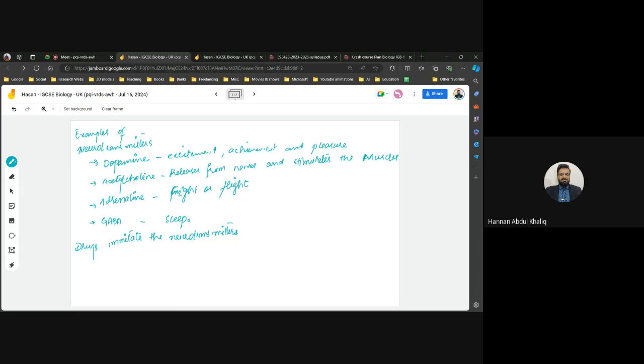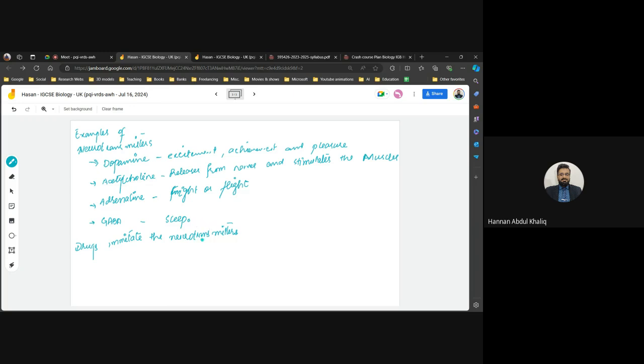So it means that drugs like opium, heroin, cannabis, the poppy, these kinds of drugs are actually going to act on our synapse.